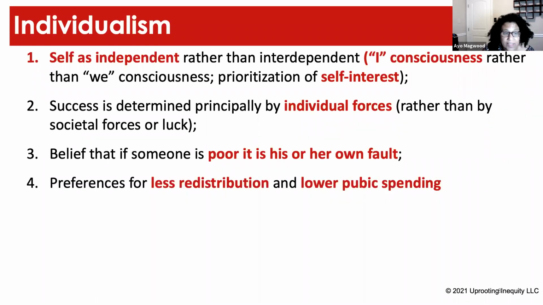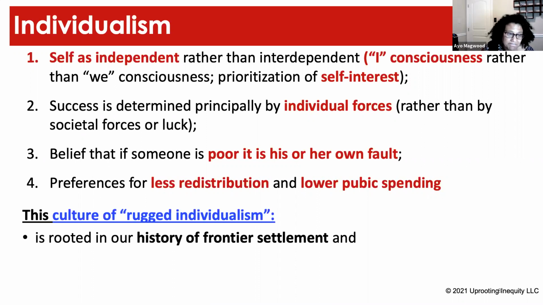And we have preferences in this country for less redistribution and lower public spending. We have far fewer redistribution and public programs than any of the other wealthy countries, Europe, Australia, etc. Historians and economists believe that this culture of rugged individualism is rooted in our history of frontier settlement.